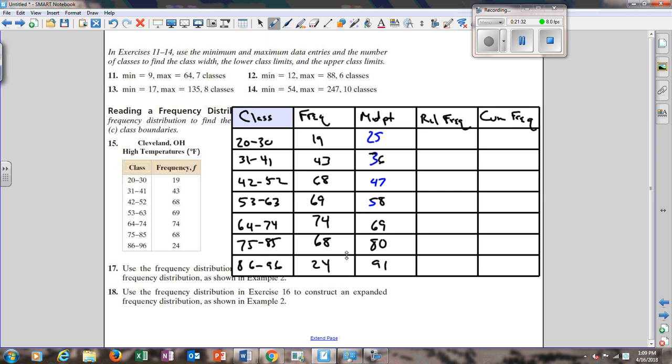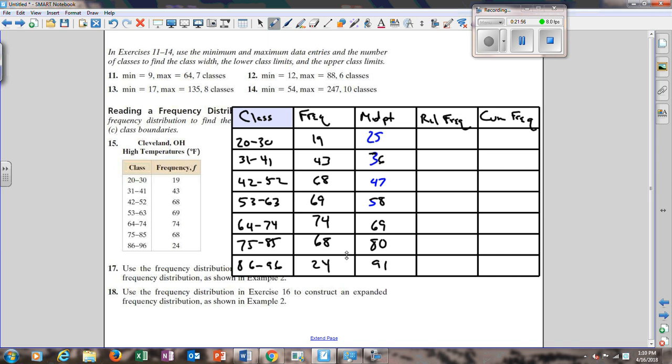All right, relative frequency, you take all your frequencies and add them together. If we take all those numbers and add them together, it gives us 365.